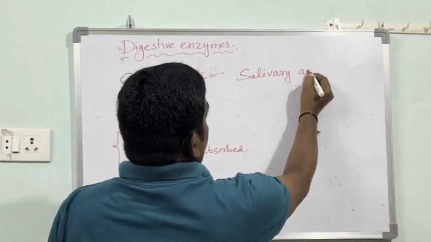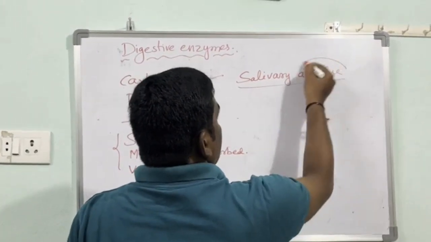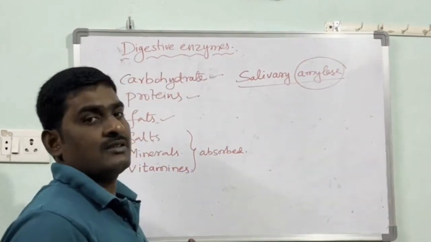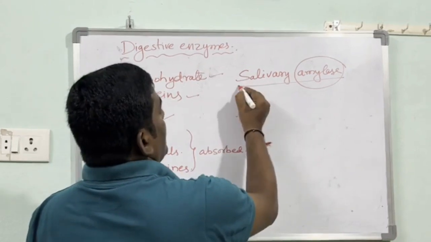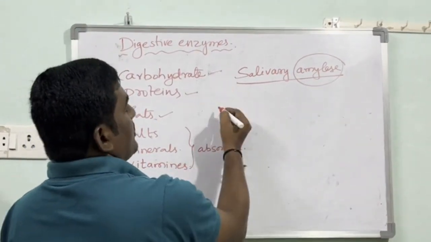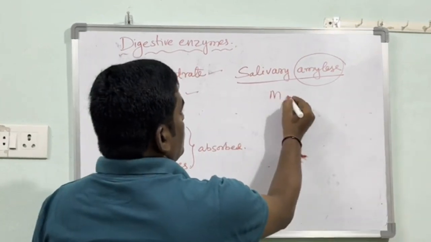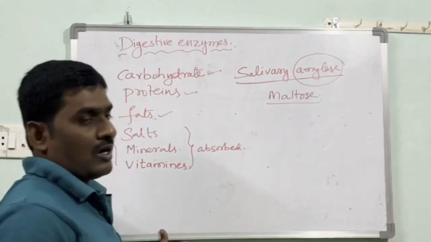This salivary amylase contains amylase. The action of salivary amylase on carbohydrates changes these carbohydrates to maltose.